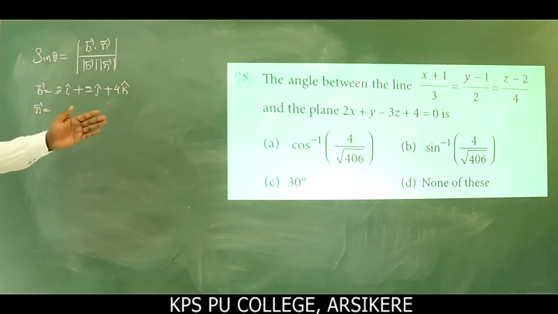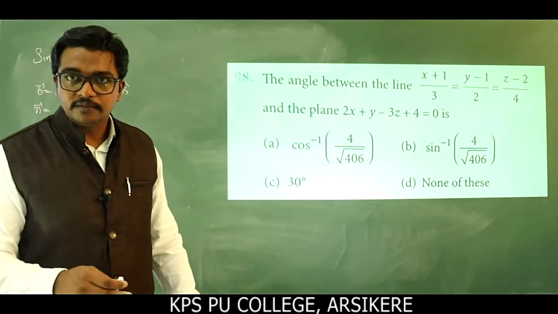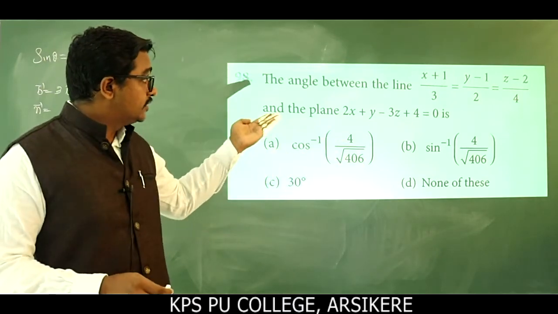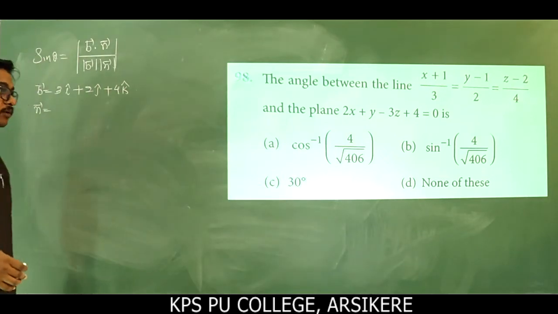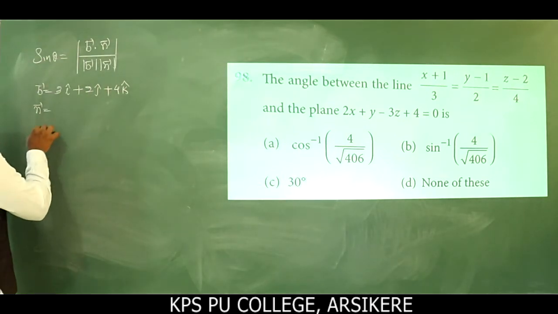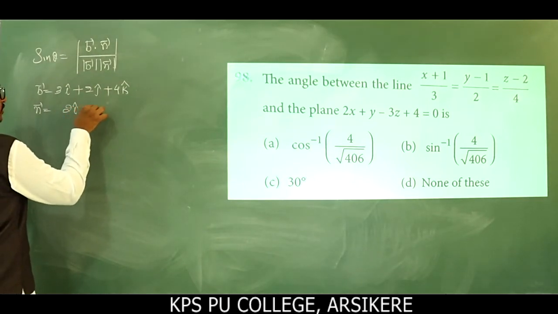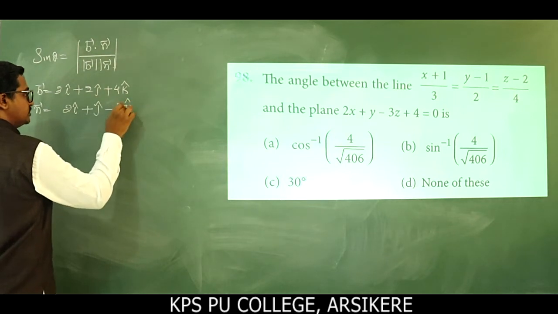Moving 4 to the right hand side gives minus 4, then multiplying with a negative sign gives minus 2x minus y plus 3z; in that case also we get the normal vector. So directly write vector n as 2 i cap, the coefficient of x, plus j cap, coefficient of y, minus 3 k cap, coefficient of z.